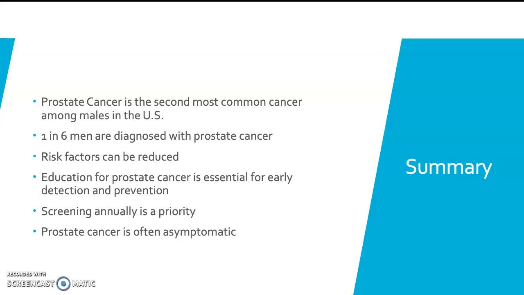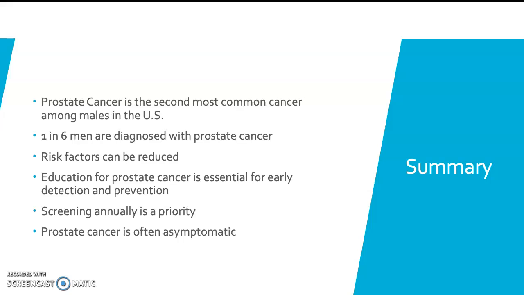In summary, prostate cancer is the second most common cancer among men in the United States. 1 in 6 men will be diagnosed with prostate cancer at some point in their life. We can reduce and modify risk factors by educating men on the risk factors, by educating the community on prostate cancer.